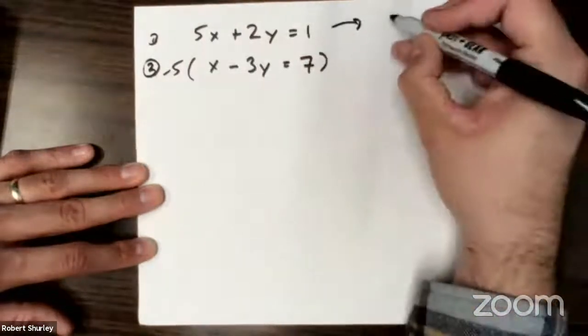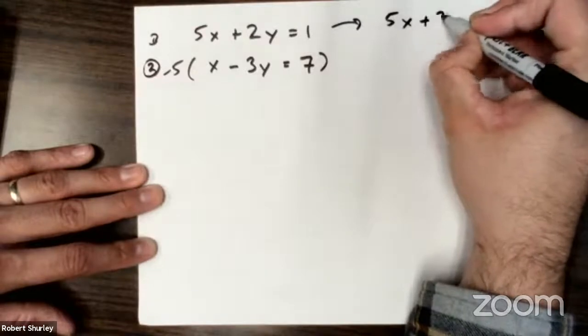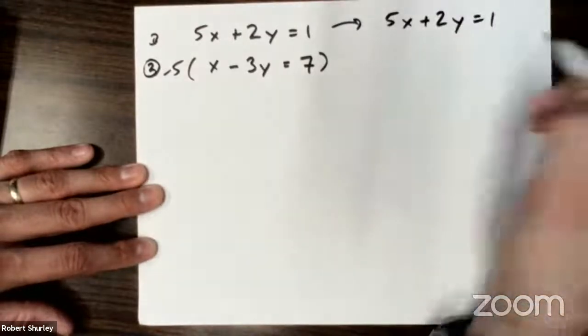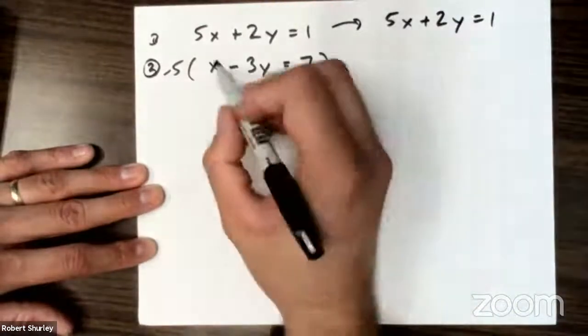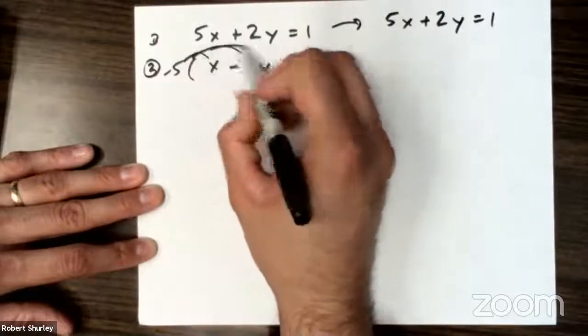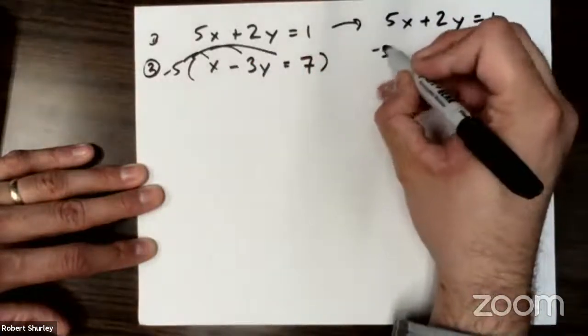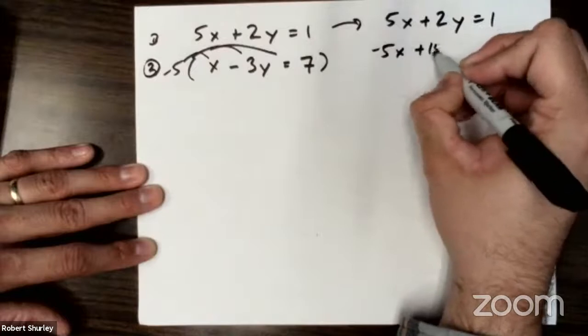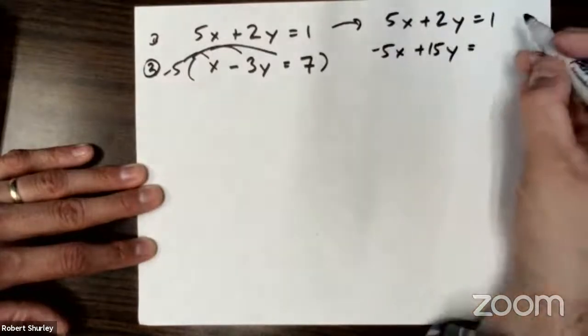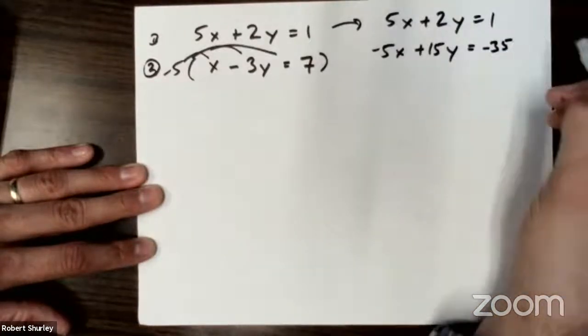So I'm going to rewrite equation 1 to the right, 5x plus 2y equals 1. And then I'm going to multiply this -5 to everything, okay? And I get -5x plus 15y equals -35.